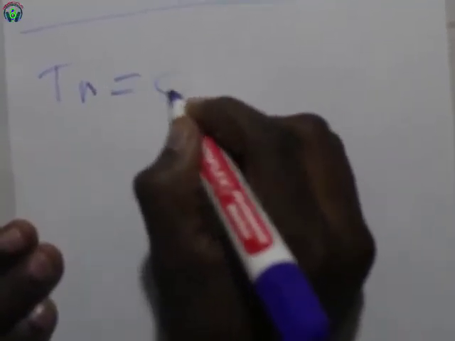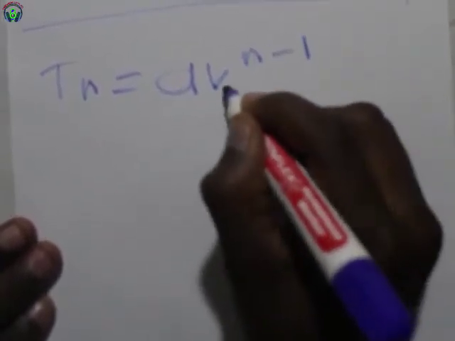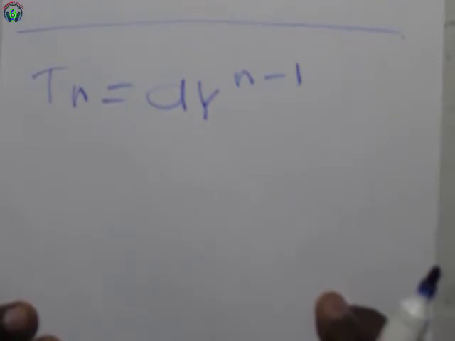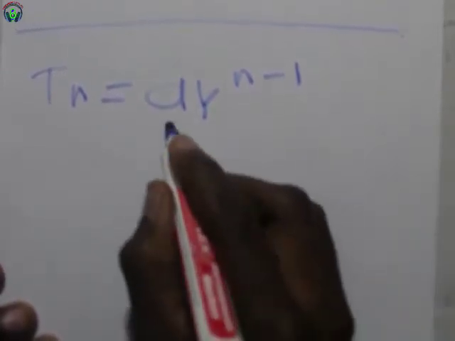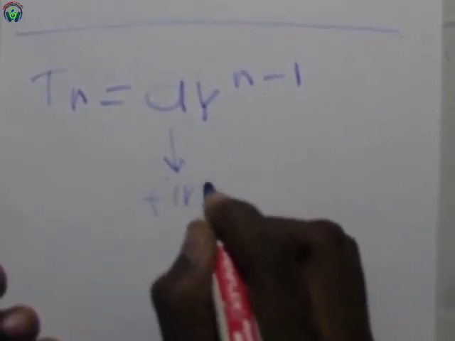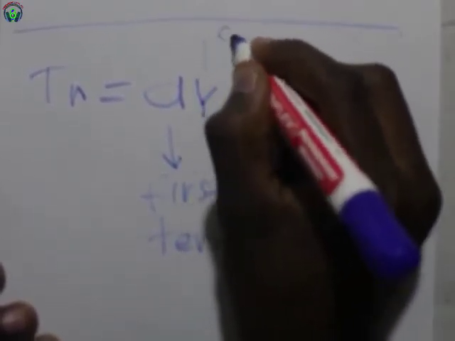Let's continue. The general formula for a geometric sequence is Tn equals Ar^(n-1). Let's define what every variable in the general formula represents. A represents your first term. R represents your common ratio.